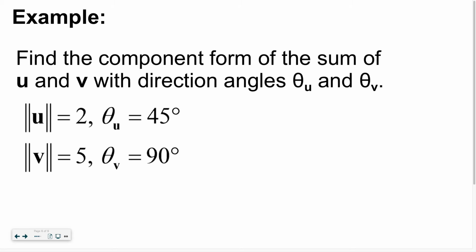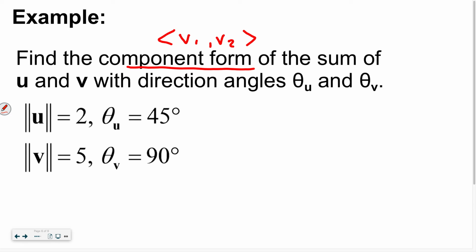Okay. So, as I read the directions here, something that sticks out to me is them being asked to find component form. Now the most basic component form from yesterday is v sub 1, v sub 2.